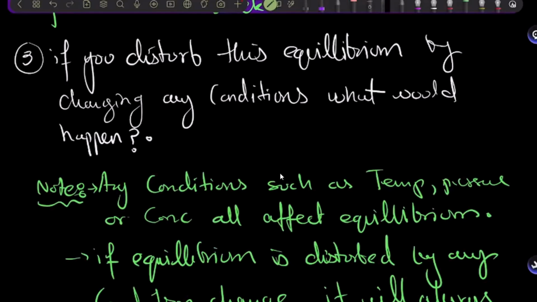Once you've disturbed any one of these things, the equilibrium is no longer equilibrium because the conditions have been disturbed. It is now alert, and it wants to re-establish equilibrium. How does it do that? That's Le Chatelier's principle. That's our next topic.